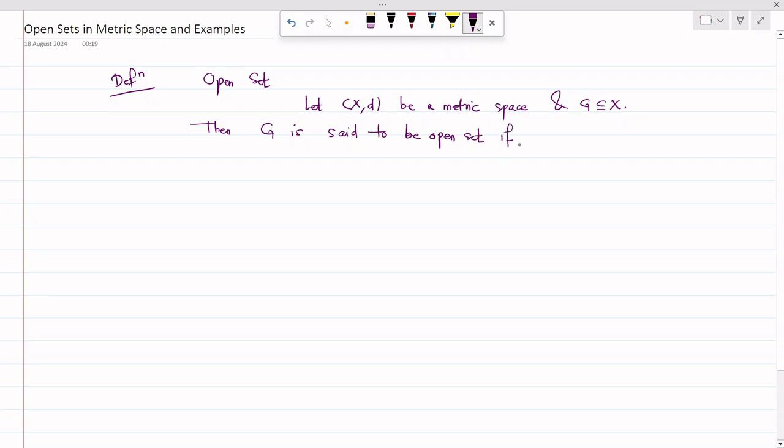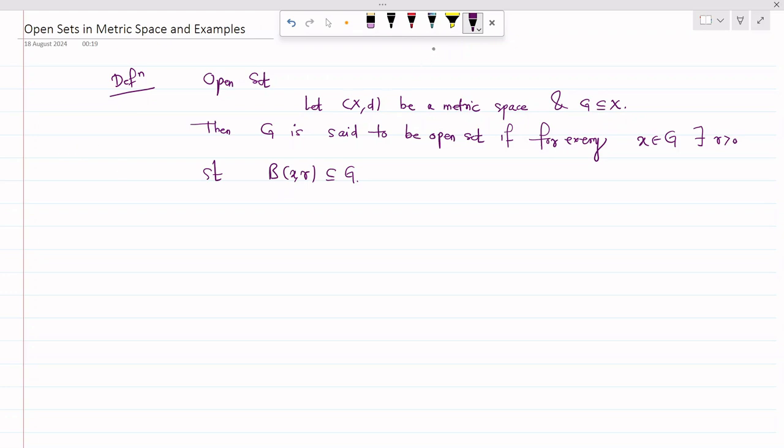if for every x belongs to G, there exists r positive such that the open ball about that point x of radius r is contained in G. So to be more specific, we can say that a set is said to be open if for every point in that set there is an open ball around that point which is again in the same set.